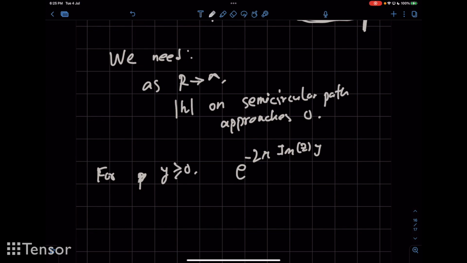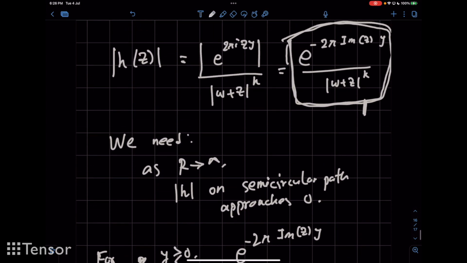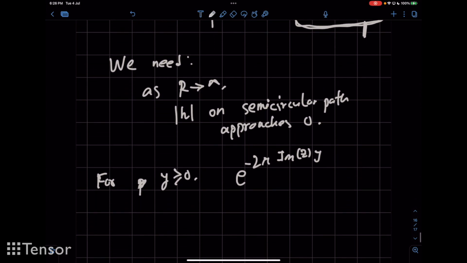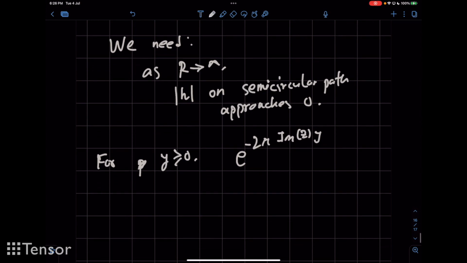We need this to go to 0 as fast as possible, right? So we need these to go to 0. Therefore, we need to choose the upper half contour.